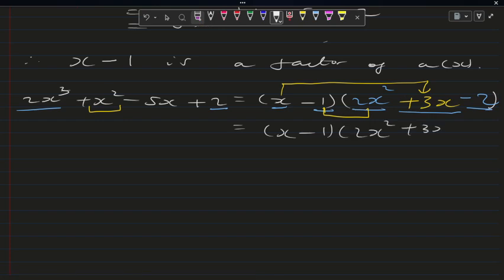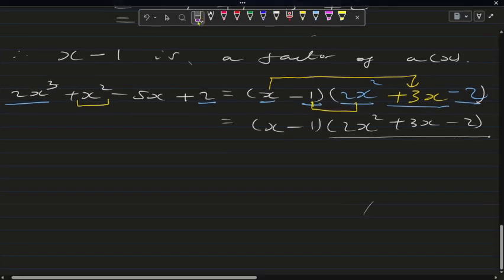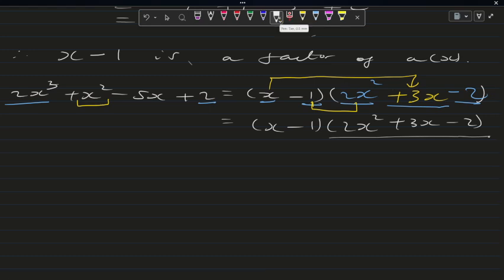So we have x minus 1, and then we have 2x squared plus 3x minus 2. Now we must factorize this trinomial. Hopefully you can still remember how to factorize trinomials from algebra.